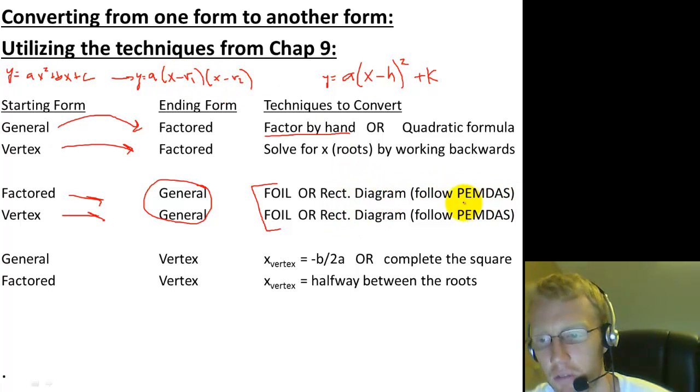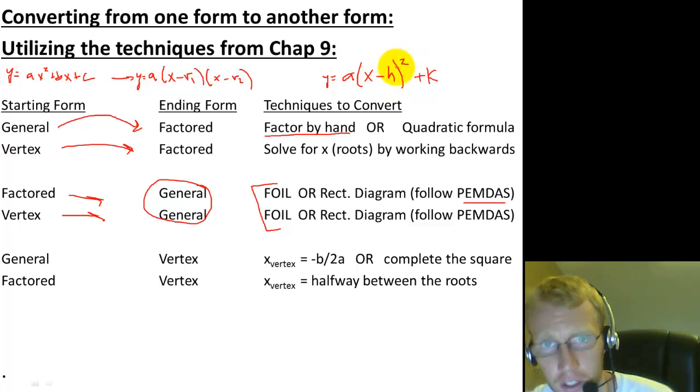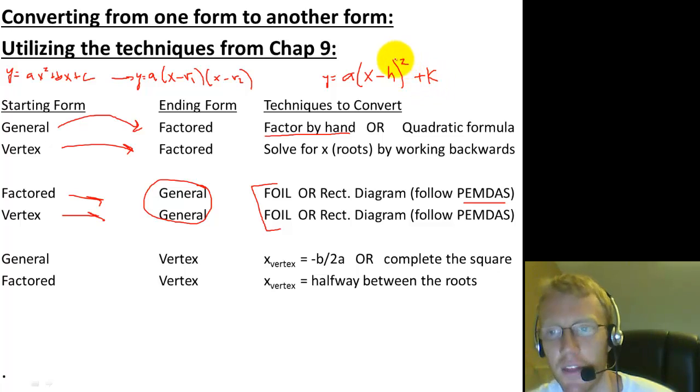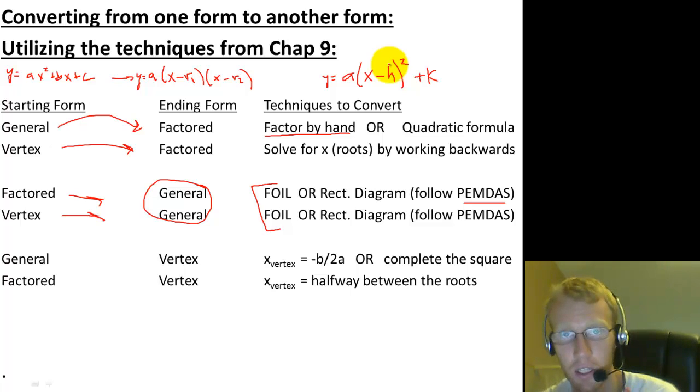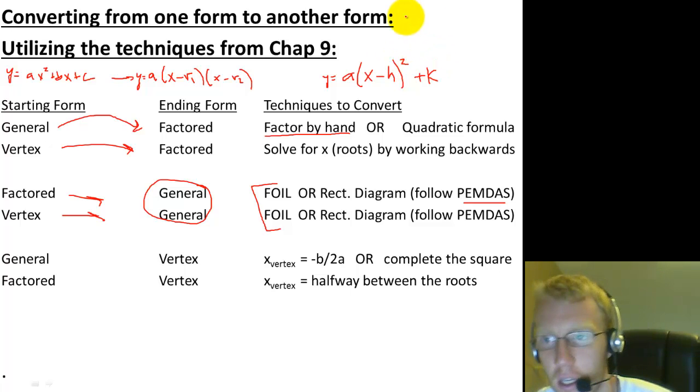Just remember to follow PEMDAS: do the squared part first, then multiply by the coefficient, and then add the k. And make sure you do not distribute the 2 in. You have to use FOIL, where you write it twice, x minus h times x minus h, and then square it out, or use the expansion formula.